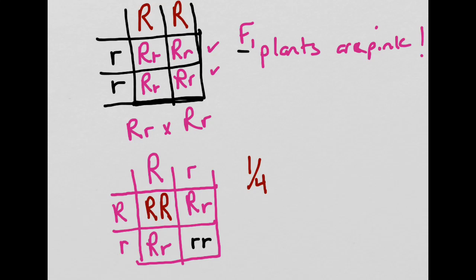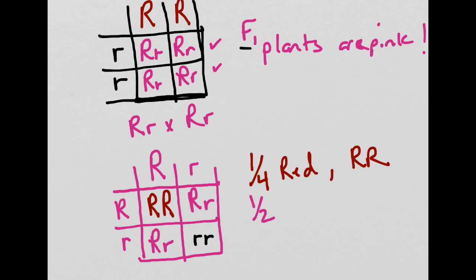One quarter of the plants are going to be red, and their phenotype is red, and their genotype is capital RR. And then one half are going to be pink. Their genotype is capital R, small r.